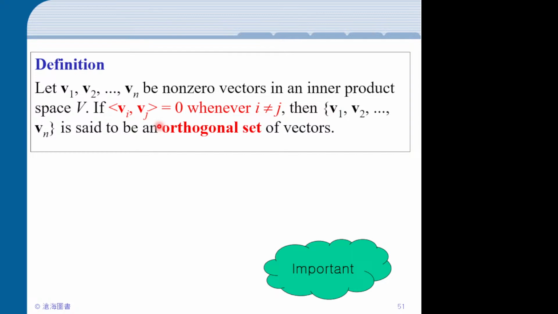This should be pretty obvious. There are a lot of things to check. For now, if you have n vectors, you should check n choose 2 of them, although later, actually, you don't need to check that much.